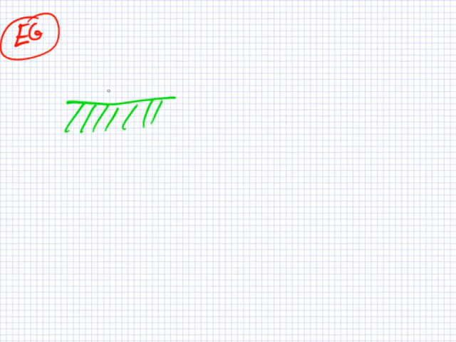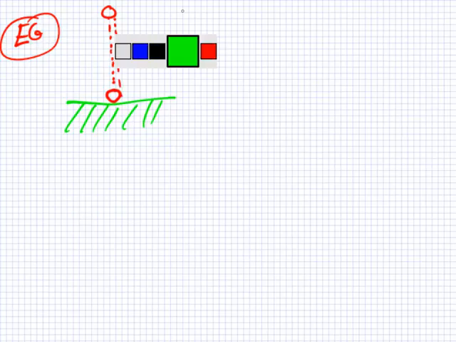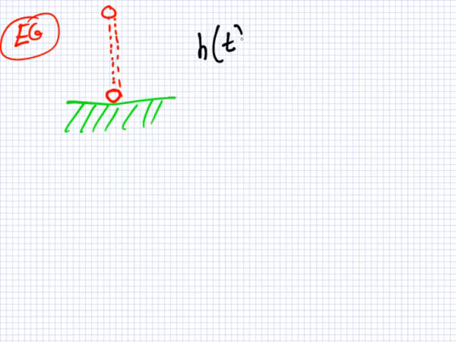So, in this example here, what happens is a ball is thrown up in the air, goes up, and then it falls back down. And I tell you that the formula for the height, h, at time t, would be something like, use this one, 50t minus 5t squared.